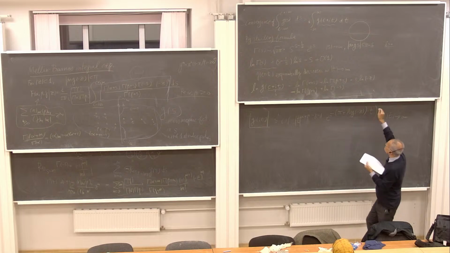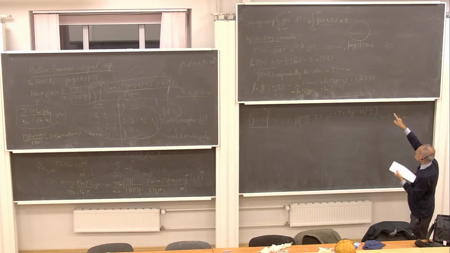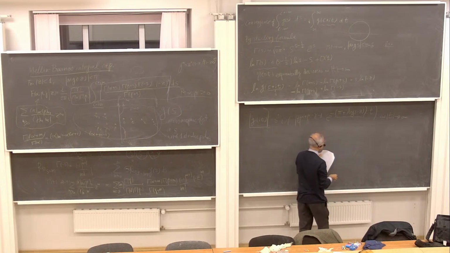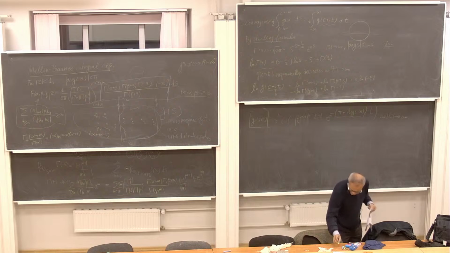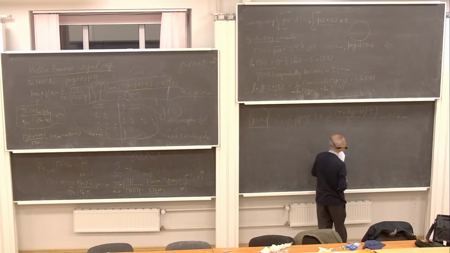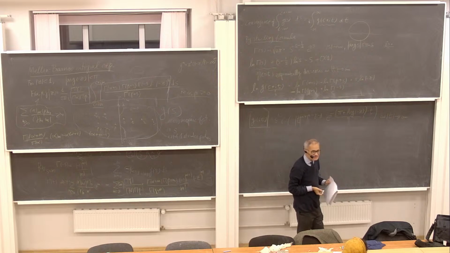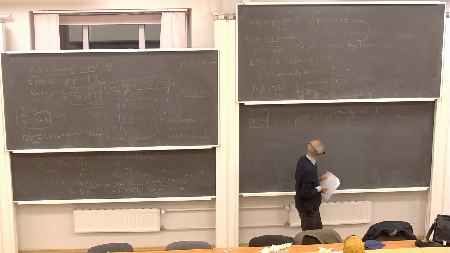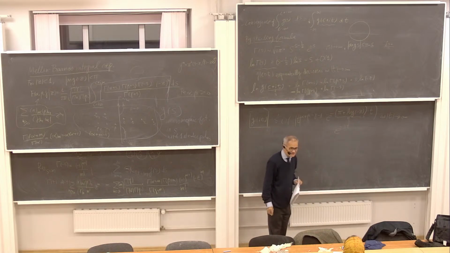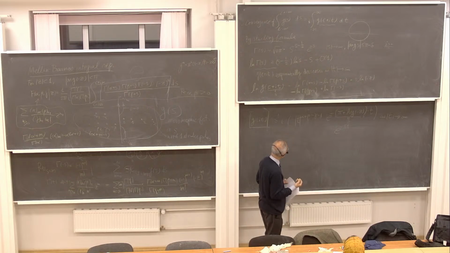But I assume that the argument of z is such that this is always larger than delta, some positive number. That is e to the power minus delta t, dominated by this kind of factor.